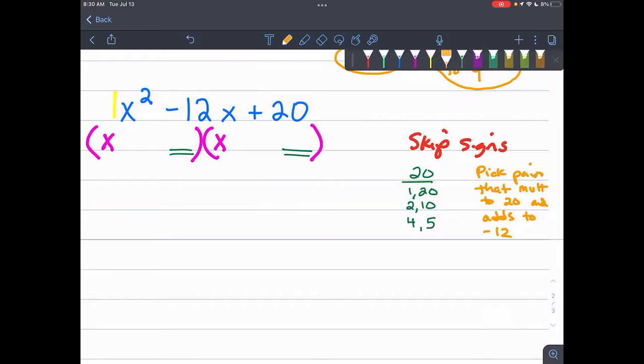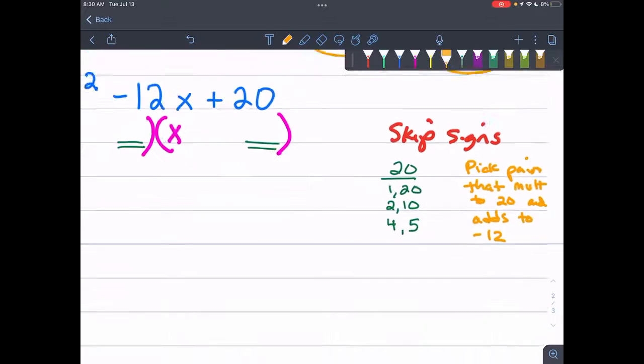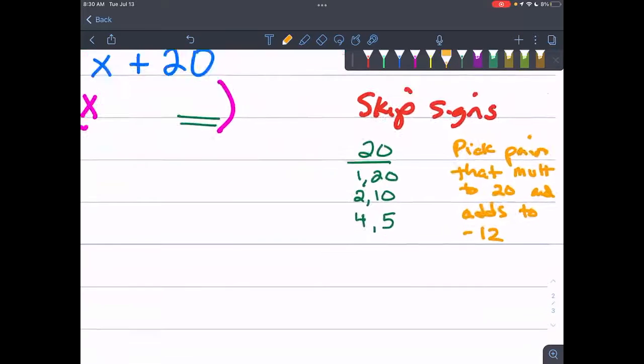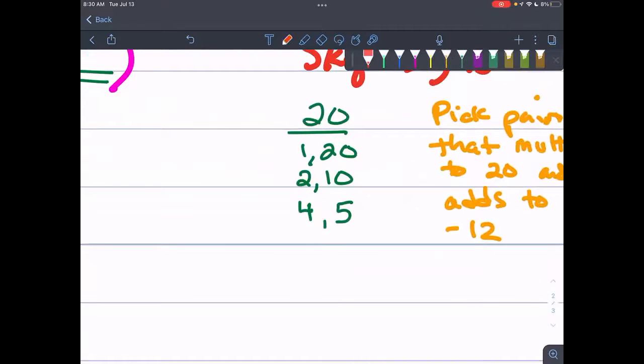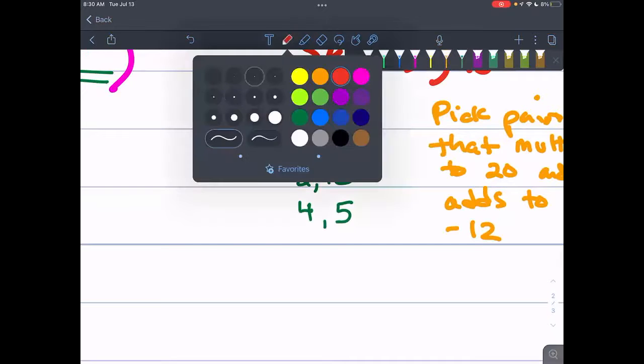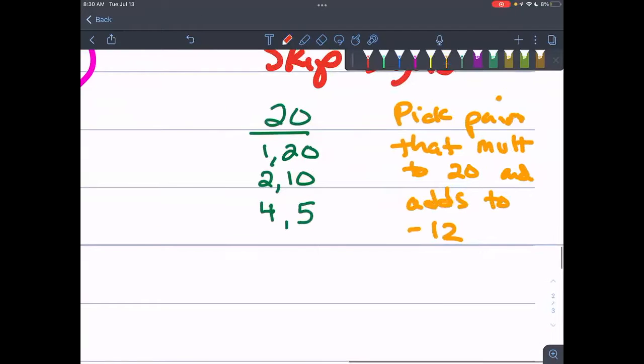So we're looking for a pair that we can make -12 out of. With the 1 and 20, if you add them, you can make 21. If you subtract them, you can make 19. So we can't make 12 out of that.